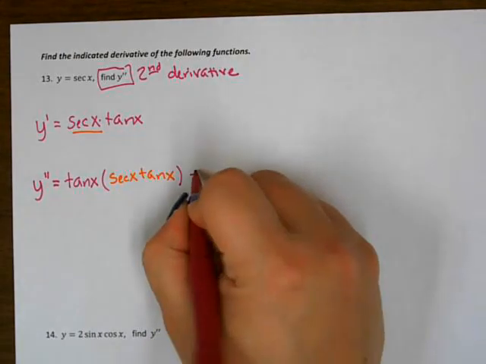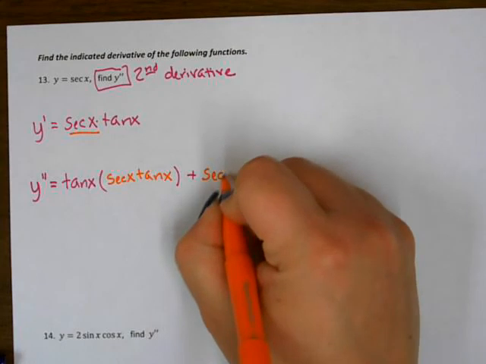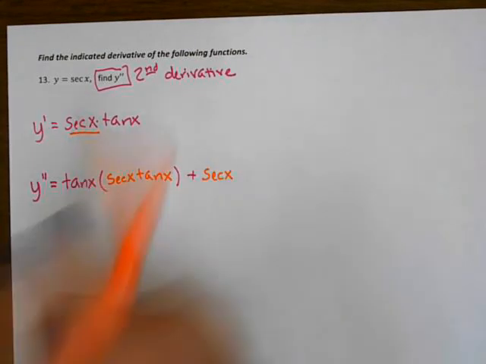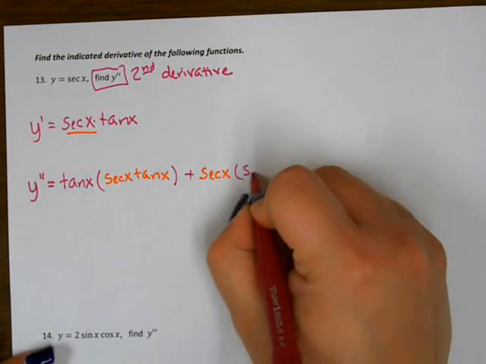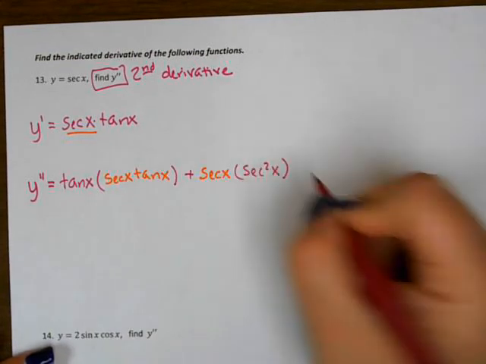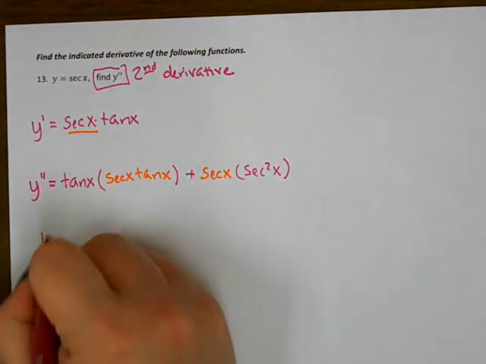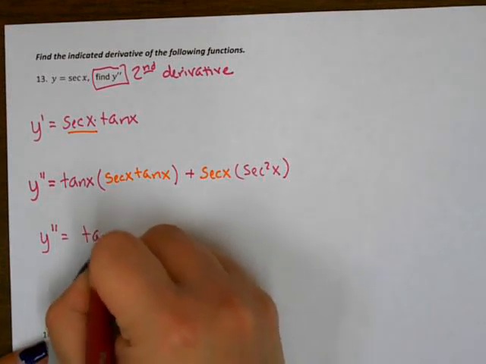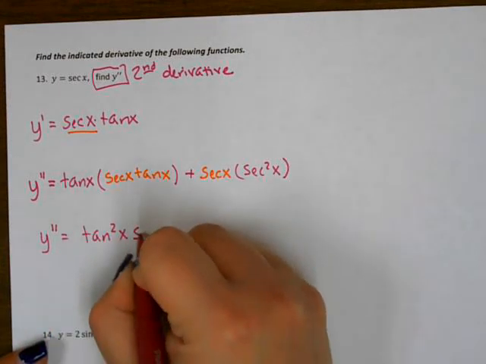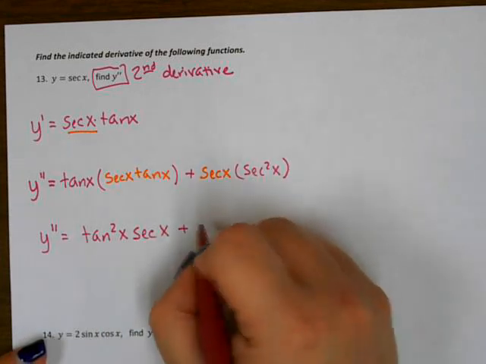And then I'm going to do plus, now I'm going to leave the secant x alone. So I'm going to leave that first function alone. And I'm going to multiply by the derivative of tangent, which is secant squared of x. And so now when I write my final answer, I get y double prime is equal to tangent squared x times secant x plus secant cubed x.